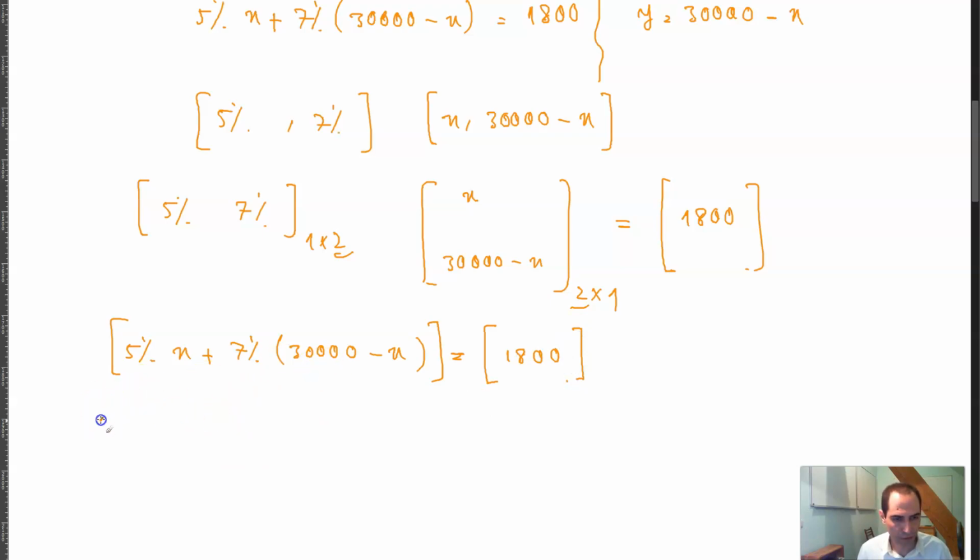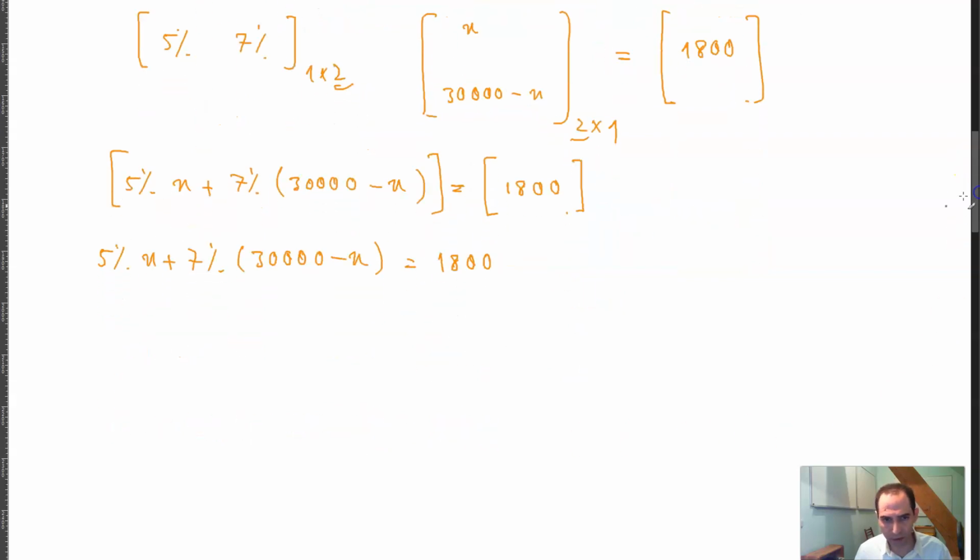Which means 5% of x plus 7% of 30,000 minus x is equal to 1800, and now you can simply solve for x. To solve for x, you can write this as 5% of x plus 7% times 30,000 minus 7% of x is equal to 1800.